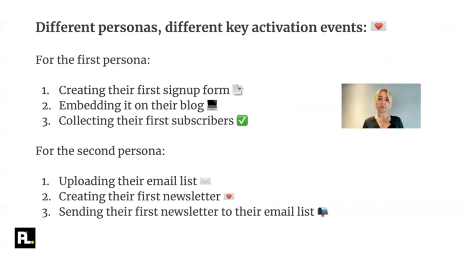On the other hand, for the e-commerce business owner, it may be uploading their email list, creating their first newsletter, and actually sending it to their first email list, and then maybe looking at the analytics. So as you can see, already for the same product, a pretty simple product in a well-known established market, we have defined activation points very differently for different user segments.